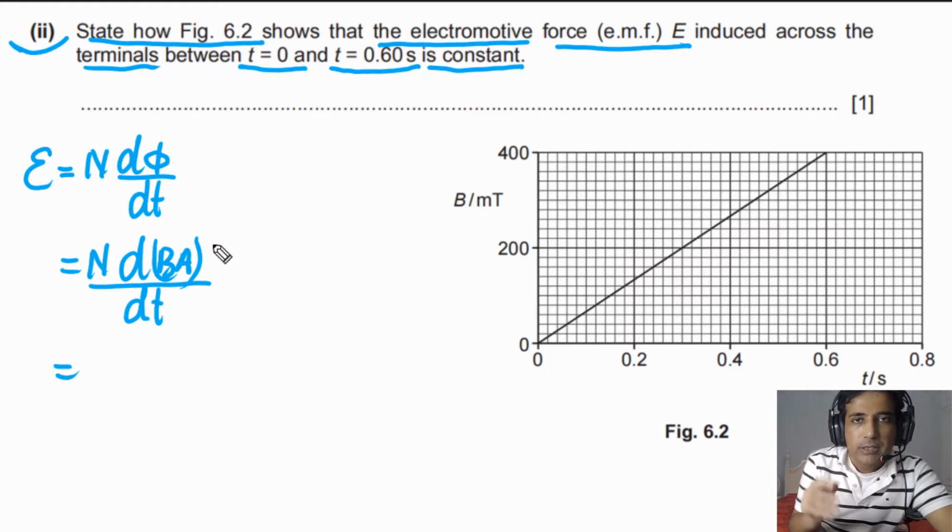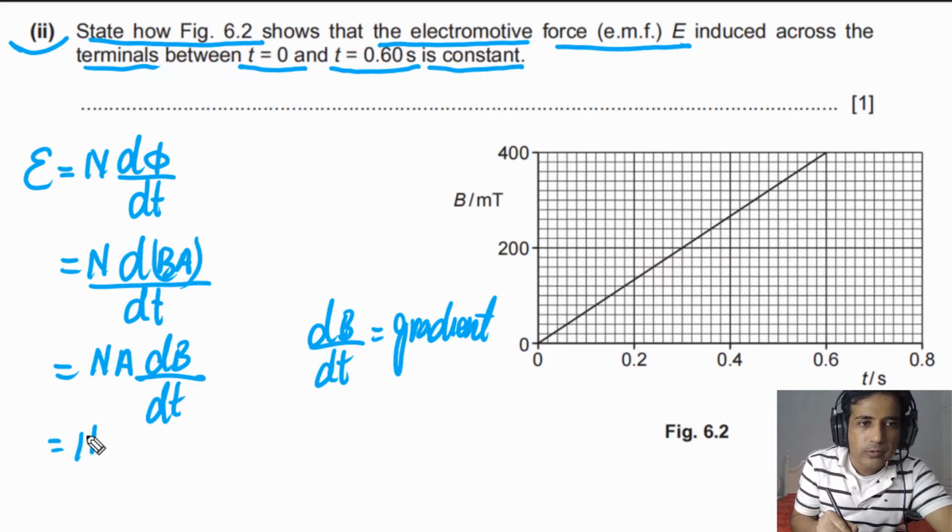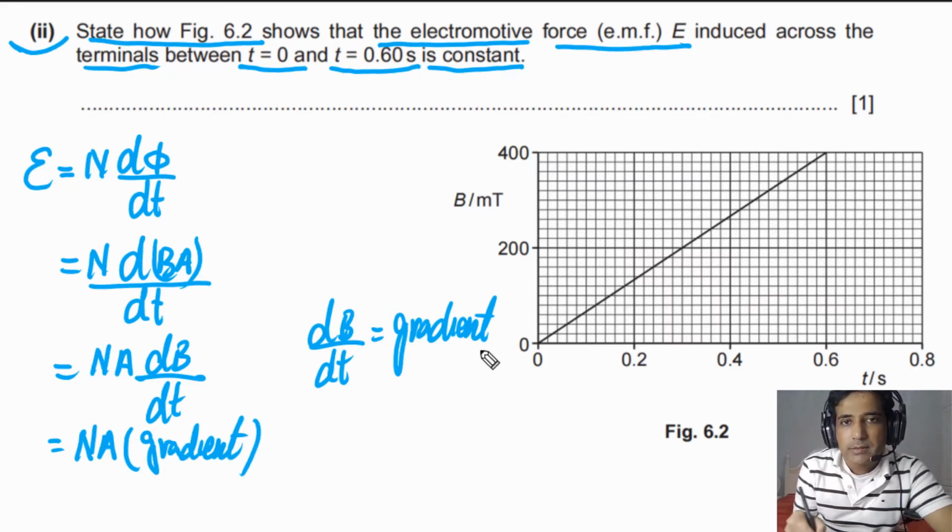In this case, the area of the coil is constant, so we can take this out. We can say this is NA dB/dt, and dB/dt is equal to the gradient of this graph. So we can write that induced EMF is equal to NA times gradient, and the gradient in this case is constant as this is a straight line.